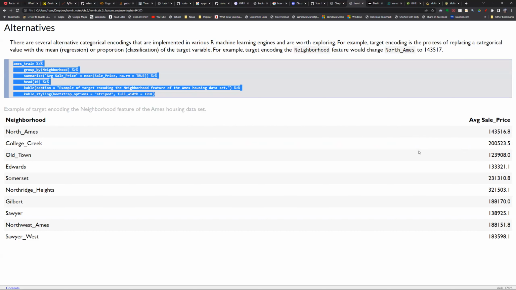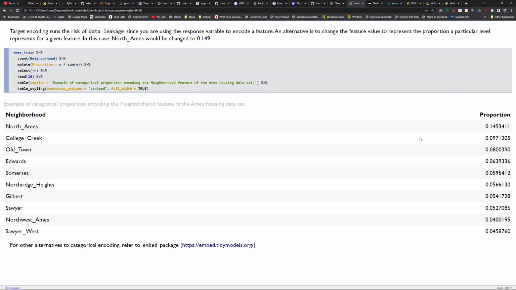One of the problems that the author tells us is that it can create some data leakage in your test data, because you're using information from the train data set and then using it for the test data set.